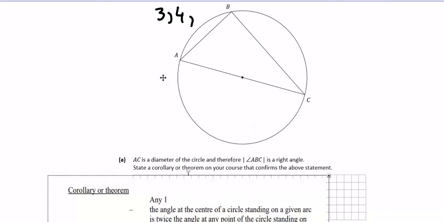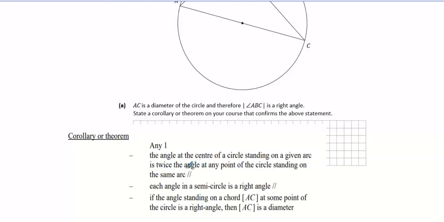Remember, state a corollary or theorem on your course that confirms it, okay? So what we could do is, we could say the angle at the center of the circle, this angle here, standing on a given arc, currently standing on AC, is twice the angle at any point of the circle standing on the same arc.